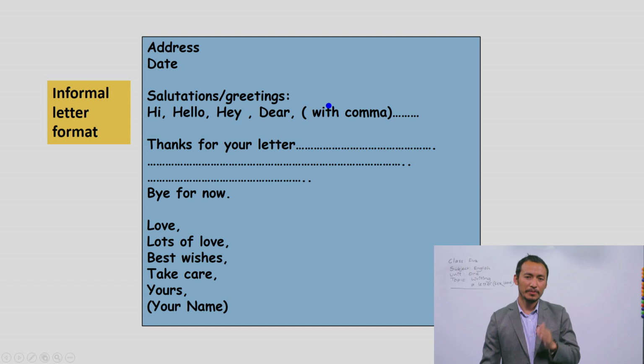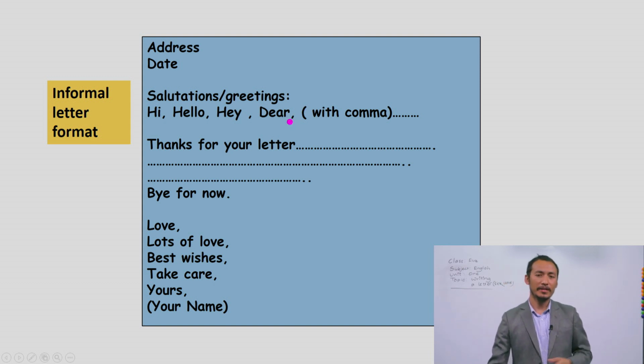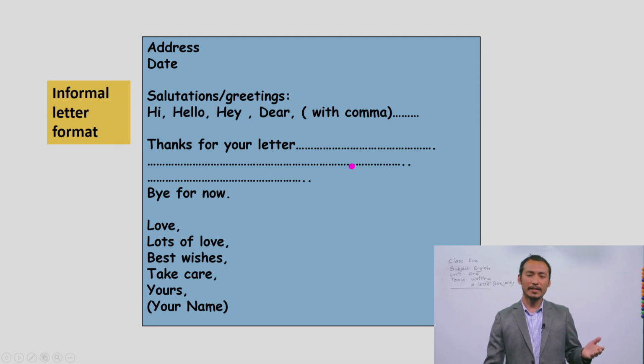You have to put a comma after you write your friend's name or your relative's name. And you can start, thanks for your letter that I received yesterday. You can say how you felt. You can say how you are, how is your health, and you can also ask about theirs.